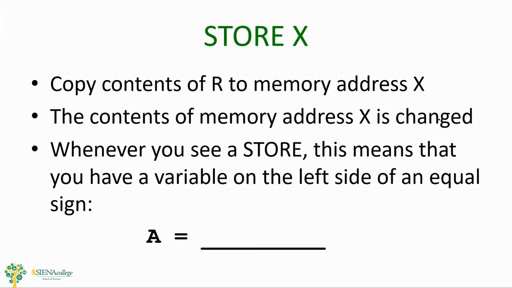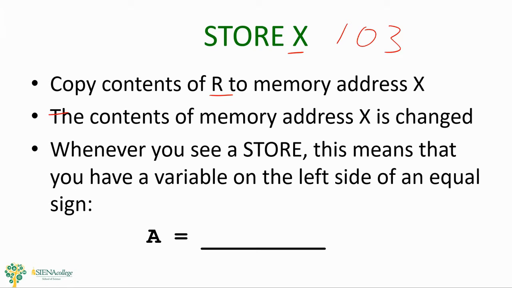The store command will take the address specified after the command. So if we say store 103, it will take the contents of R and put it into the memory address specified after store, in our example 103. The contents of memory address X is changed.